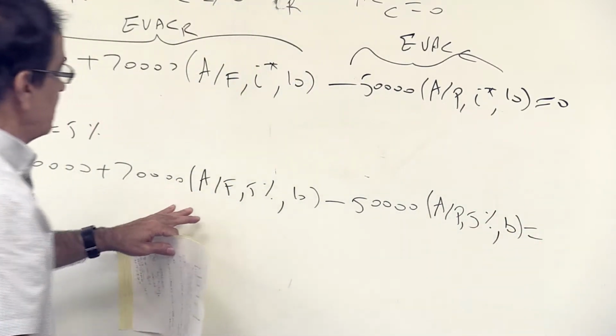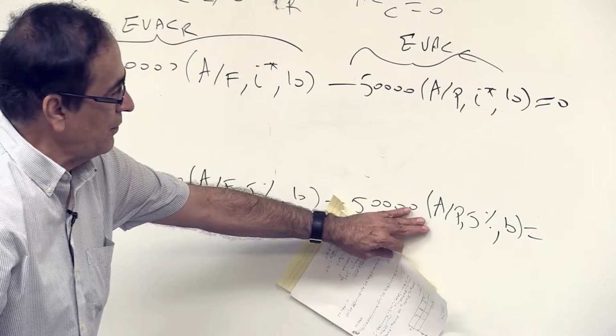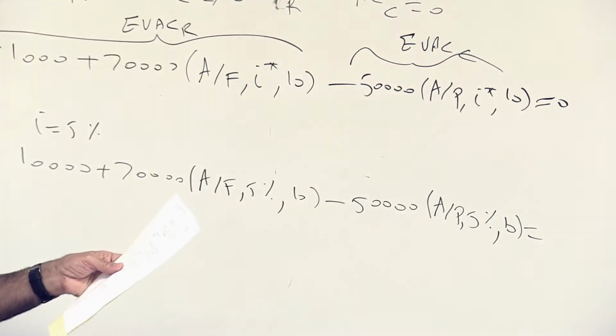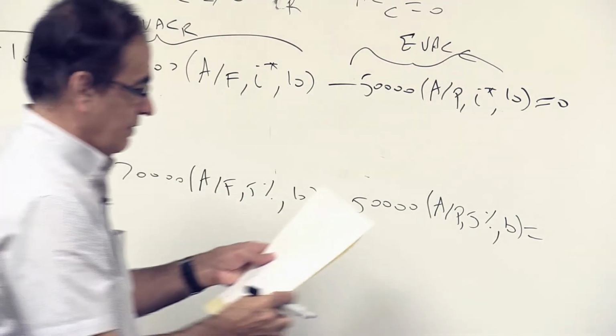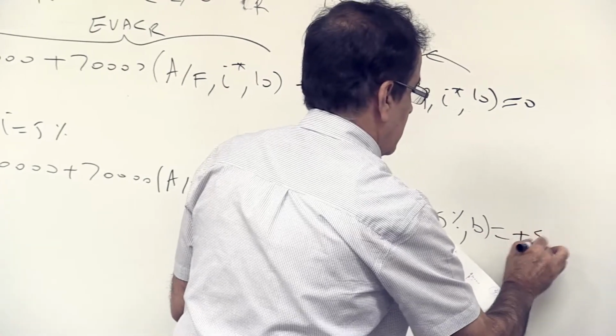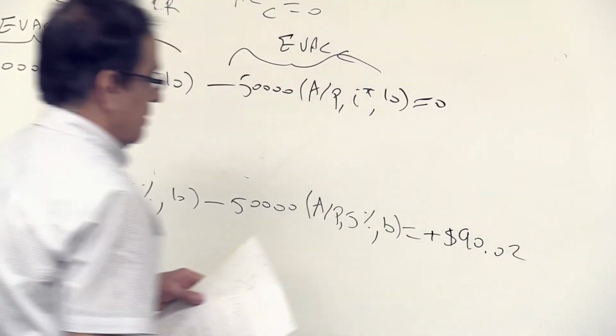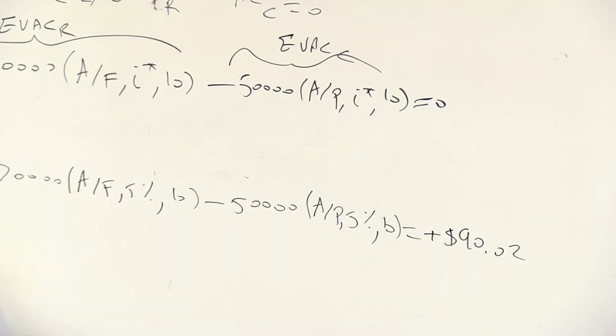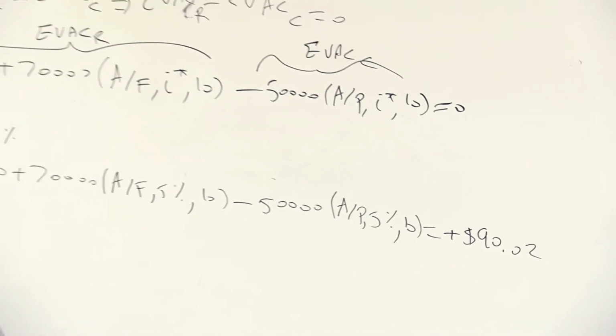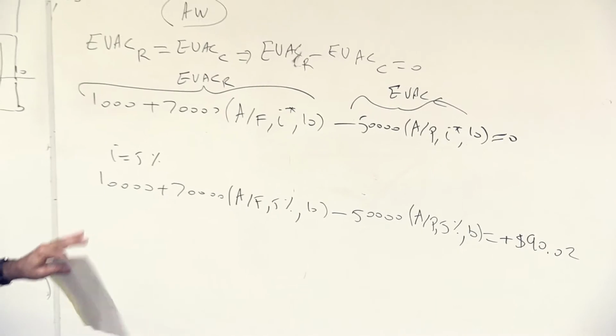If you get those factors, A given F and A given P, from the table, then you should get a positive $90.02. This is my first guess. Obviously, that 5% didn't satisfy this equation; it didn't go to 0.